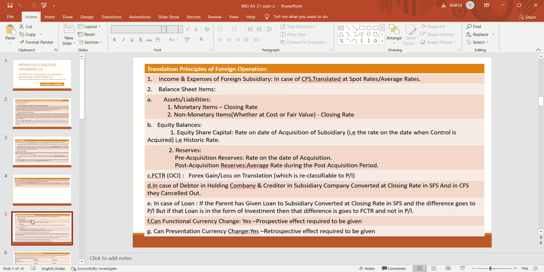If the debtor is in the holding company and that debtor is treated as a creditor in the subsidiary company, then at the time of CFS conversion, at the time of consolidation, we will remove the debtor and creditor. They are eliminated from each other.